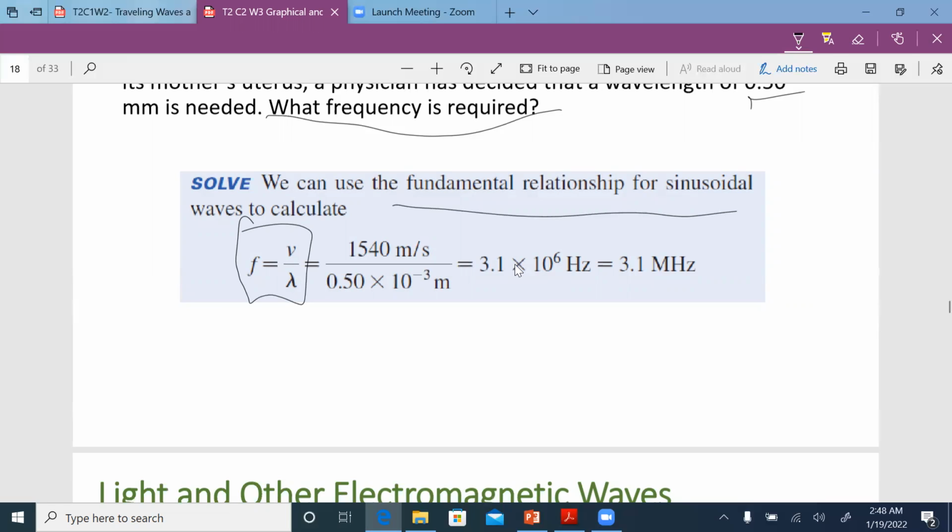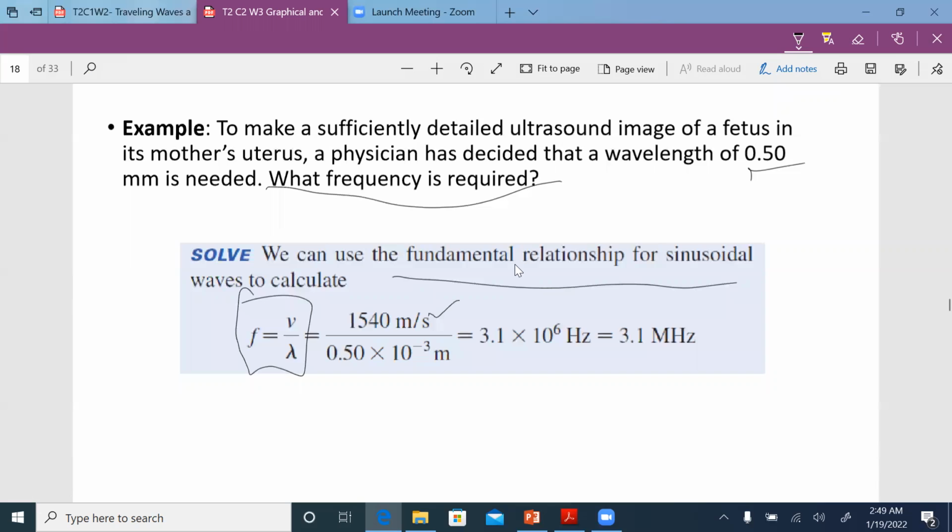The velocity is given for the ultrasound. This is the wavelength as given here, converted to meters.